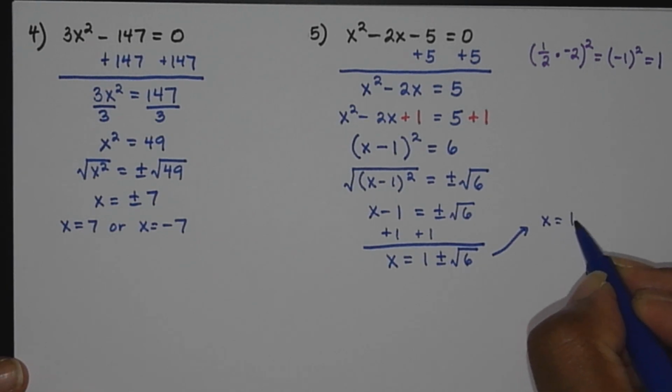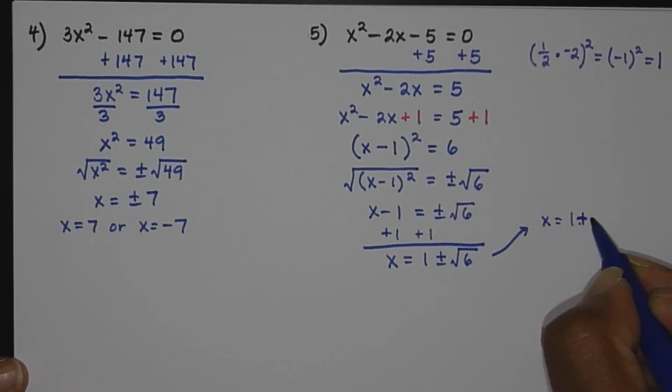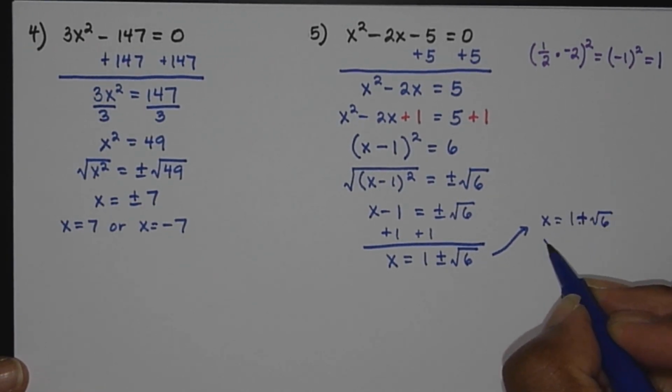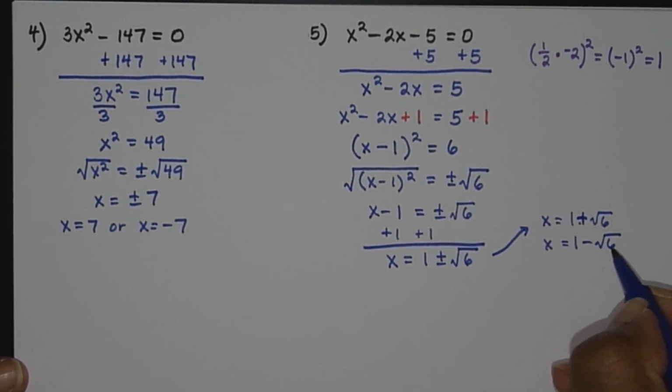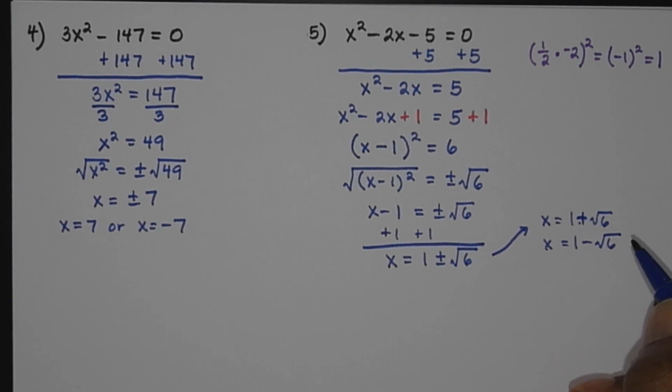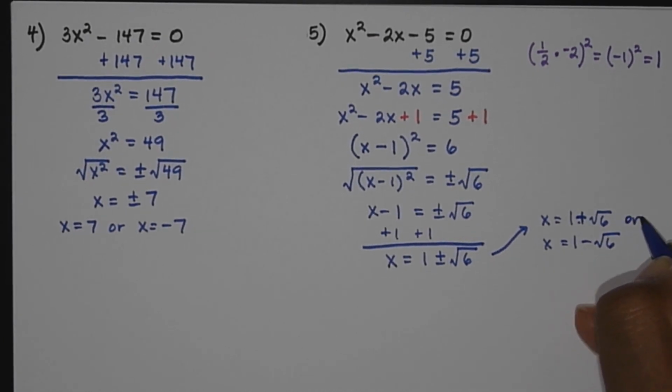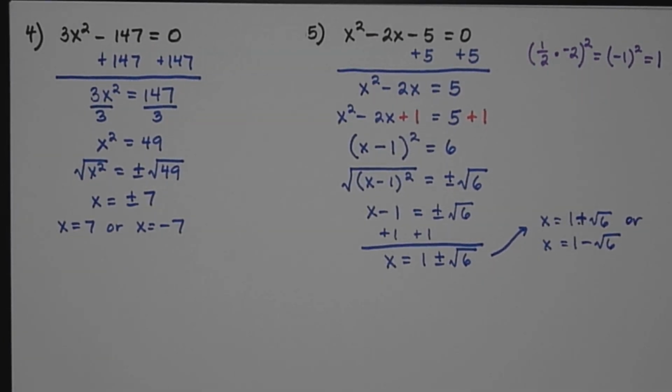X is equal to 1 plus the square root of 6, and then x equal 1 minus the square root of 6. I'll put or in between those two, because that's what the plus or minus symbol means. All right, questions about problem number 5.